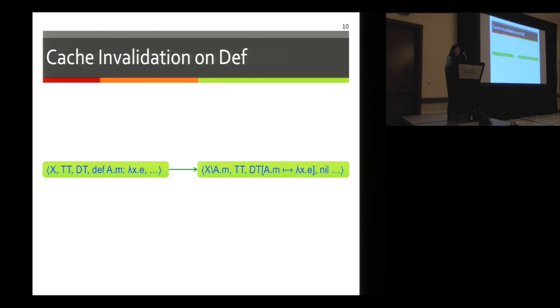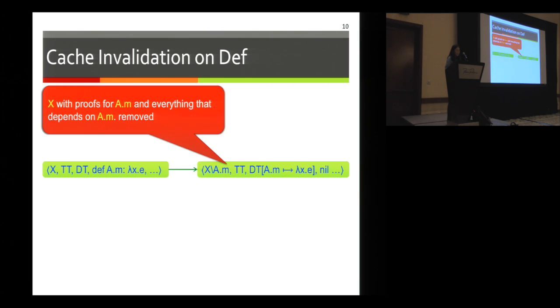Now let's see how method definition works in our system. On the left, we have DT, which is the definition table, and then we have the method definition. On the right, we get a new cache that's the same as the original cache, but it has the existing type checking proofs for the method removed, along with its dependencies.